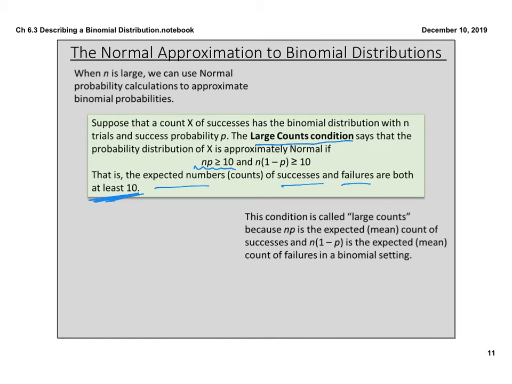Remember that expected number, or mean, was n times p. So if n times p is greater than or equal to 10, and the expected number of failures is also greater than or equal to 10, then I can call my distribution normal.